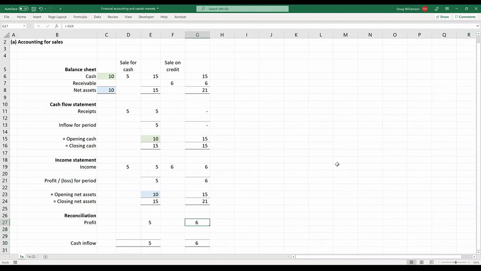What's the profit for the second period? 6. What's the cash flow for the second period? None. So what's the explanation? This needs to be a -6.